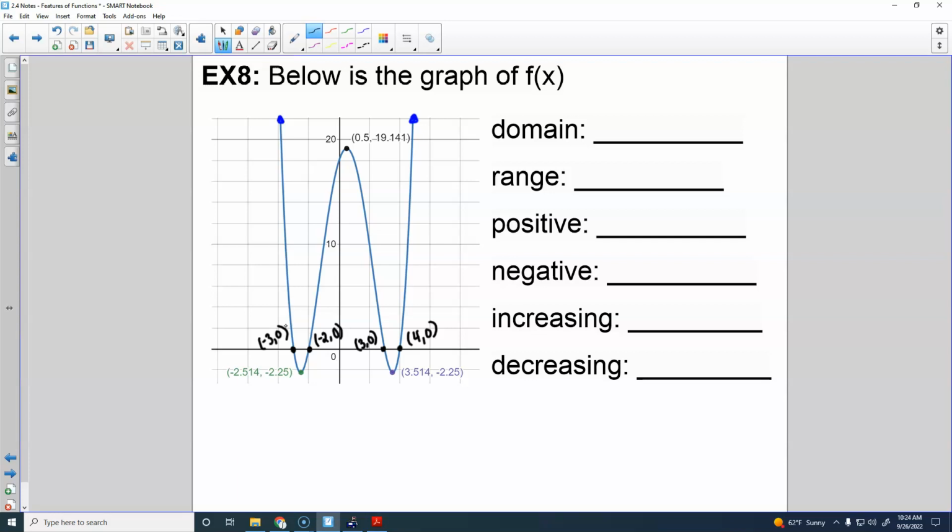Who thinks in a domain for this one? It is not negative 3 to 4. Because this graph keeps on going in this direction, and these are not vertical asymptotes here. It is negative infinity to positive infinity.